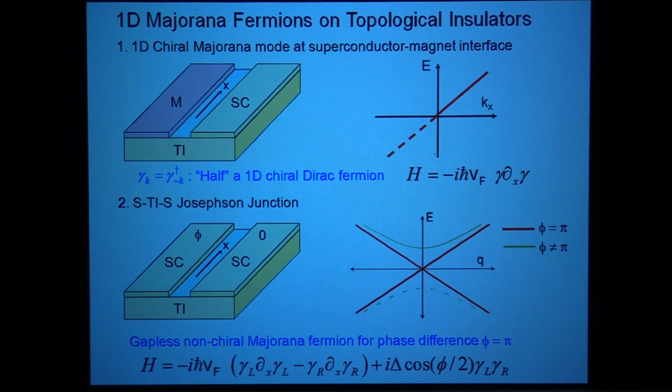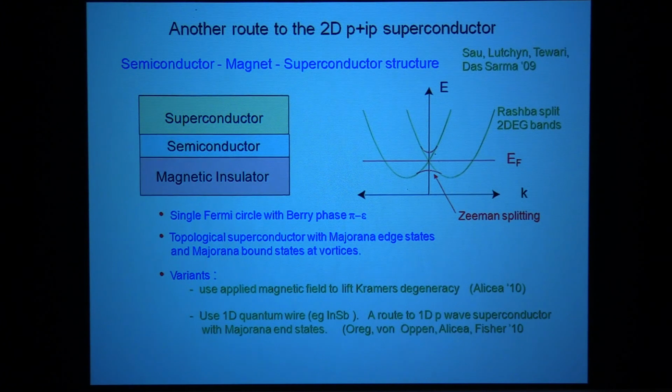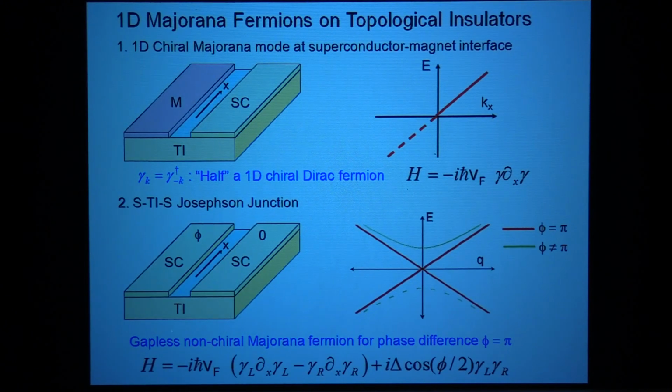Or you can have a Josephson junction between superconductors, and when the phase difference is equal to pi on this Josephson junction, then you have a non-chiral Majorana mode. So there are different ways that you can introduce topological superconductivity in these topological insulator type structures. Okay. Now, an important insight.